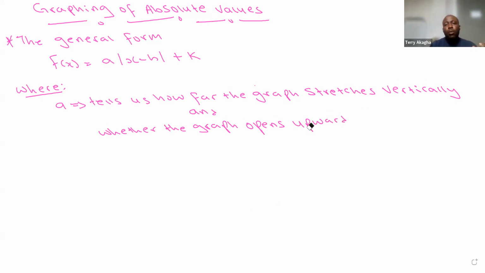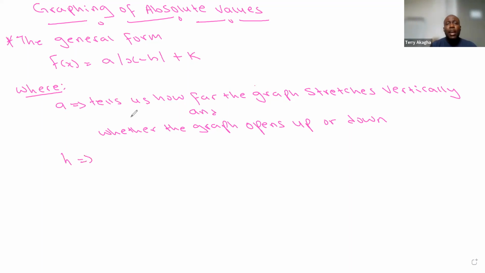Better put, whether it opens up or down. Okay. And my advice, before you look at this, please review my videos on transformation of graphs. It's important because we're going to apply transformation of graphs here. It's similar to transformation of graphs where you have stretching, translation, reflection. Okay. It's very similar as well.